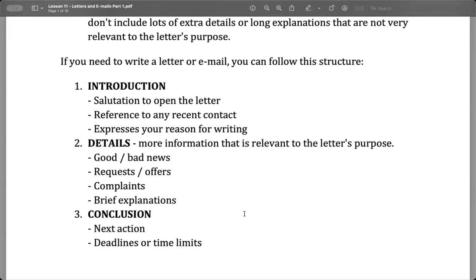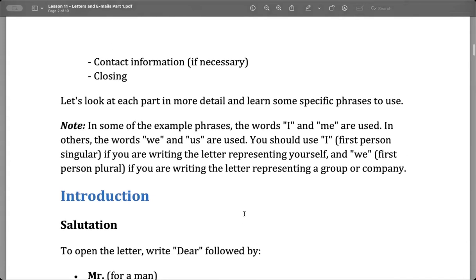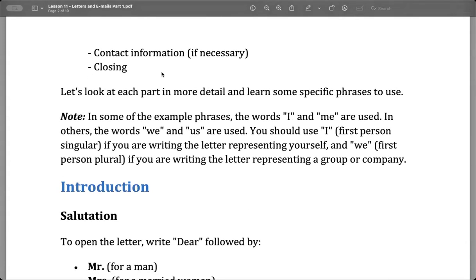Good or bad news, requests or offers, complaints, and brief explanations. 3. A conclusion, next action, deadlines or time limit. Okay. Contact information, if necessary, and closing.